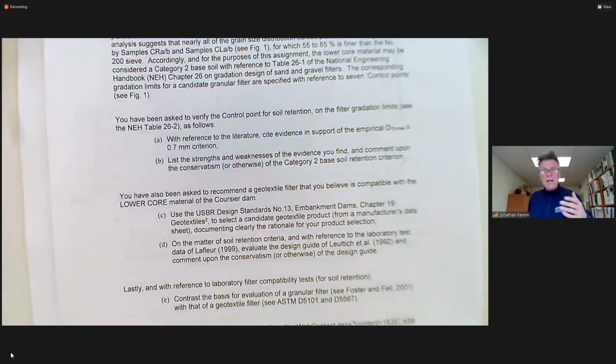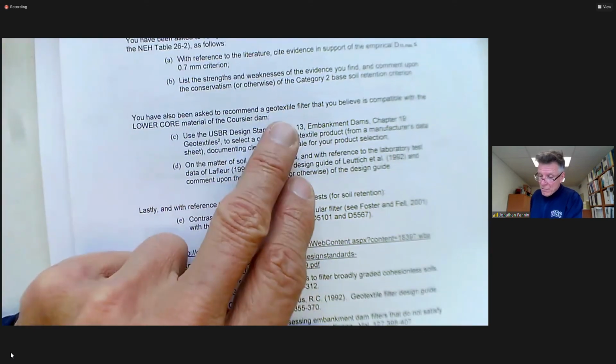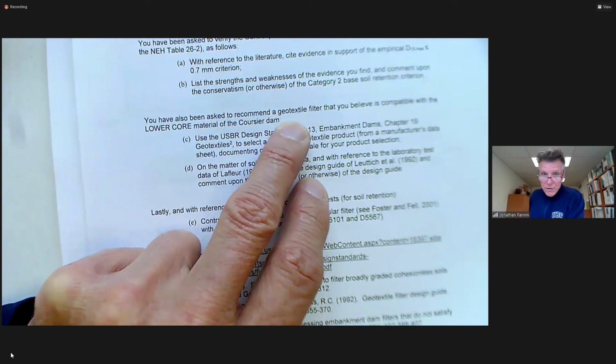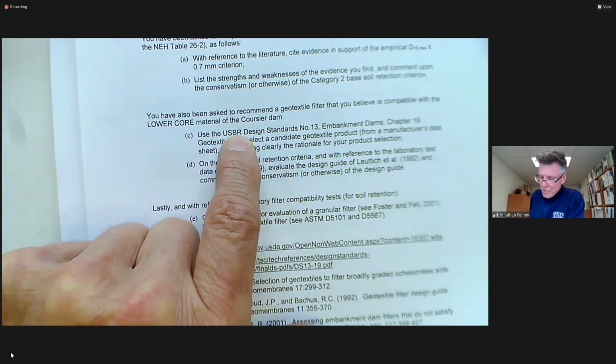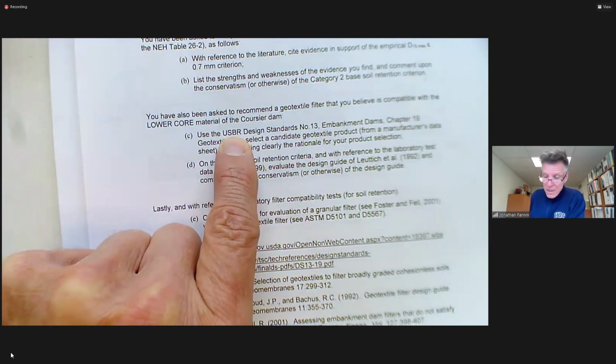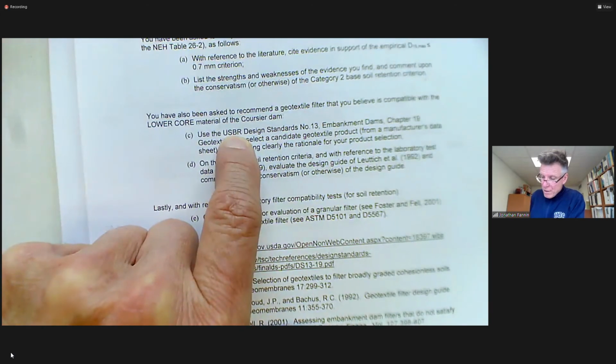So we need to understand granular filter, and we'll go through that. And then you've been asked to recommend a geotextile filter as an alternative. And so I send you in the direction of the US Bureau of Reclamation, USBR.